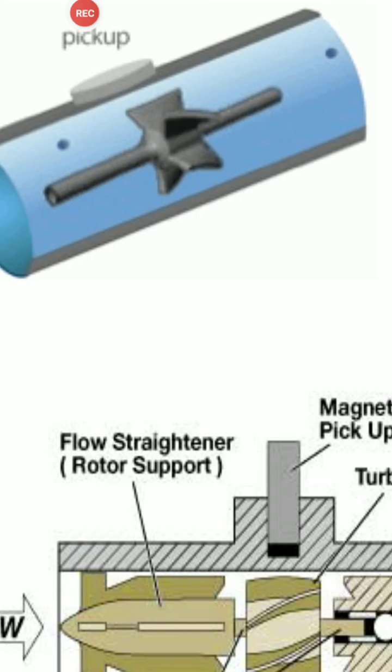The blades are fitted with permanent magnets, and here is the pickup where the coiling arrangement is, through which these pulses can be generated. Further, with analog to digital conversion, we will get the readings in digital form also.